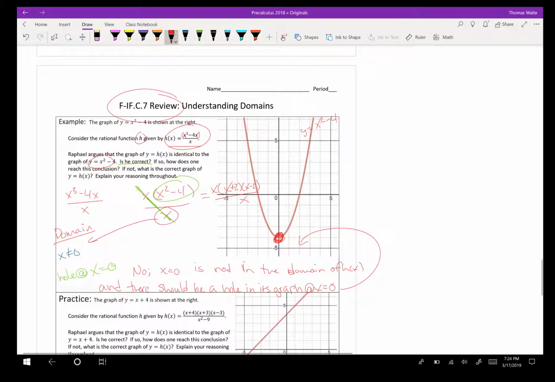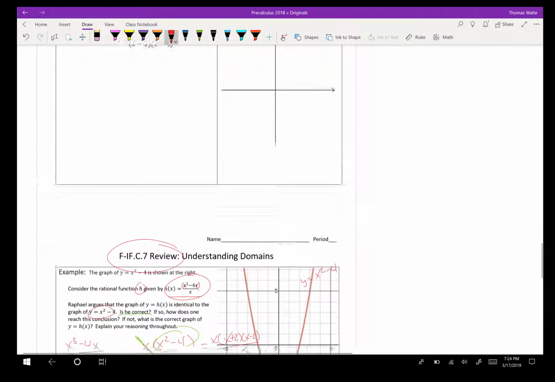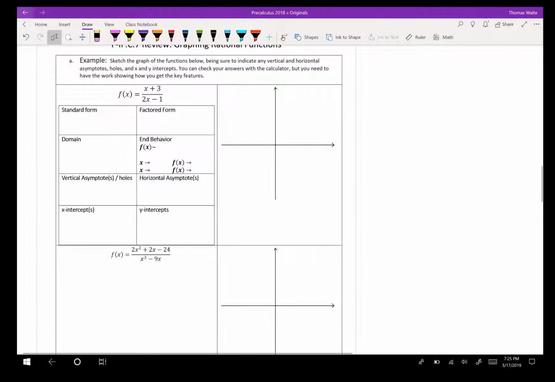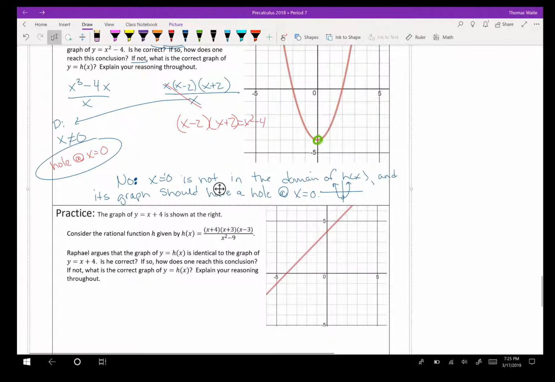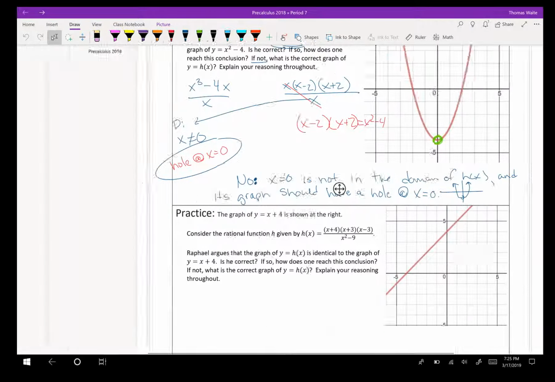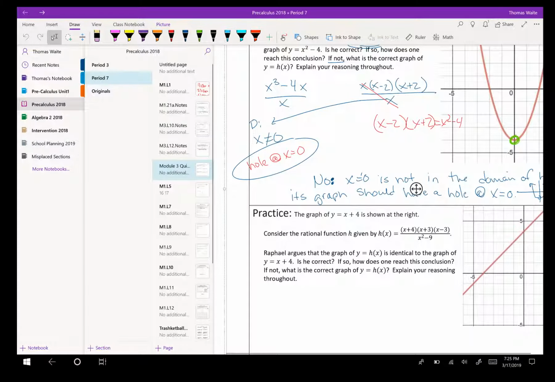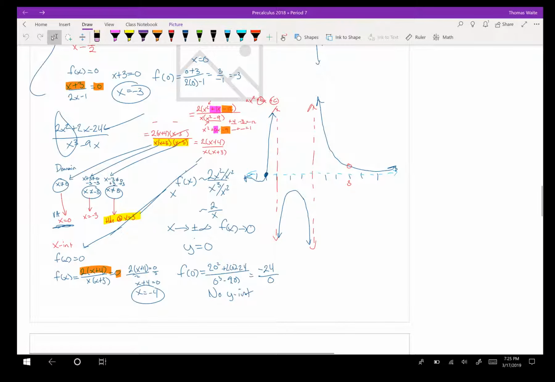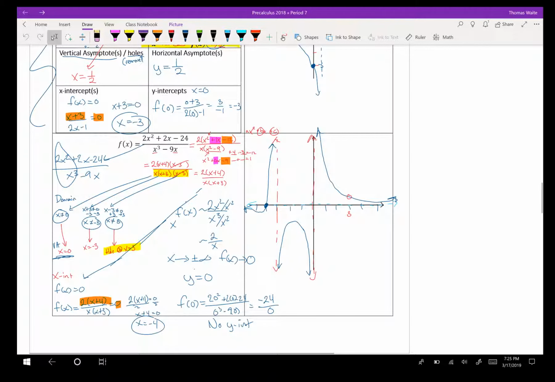It's actually interesting because I made a mistake in our last example right at the end. We'd done great work and decided that there was a hole at x equals 3. Let me pull back that example. There was a hole at x equals 3, right here. But I never put it in the graph.